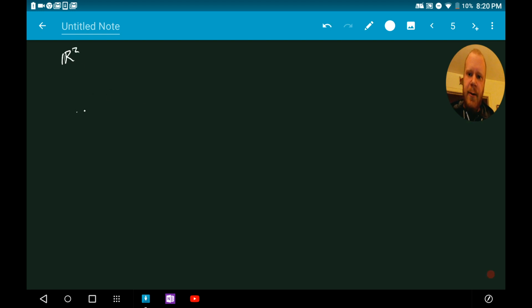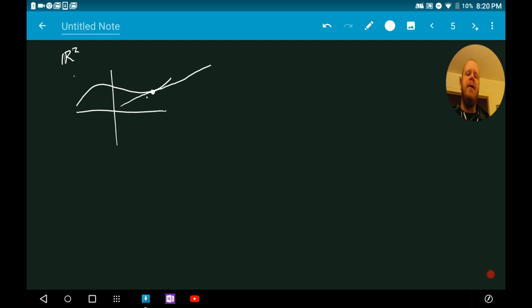In R2, you've got some function f of x, and at this particular point, the derivative at that point, we can say the slope of the tangent line, is equal to dy dx. It's a measure of how y is changing as we move one unit in the x direction. So as you move forward one x unit, how is y changing?